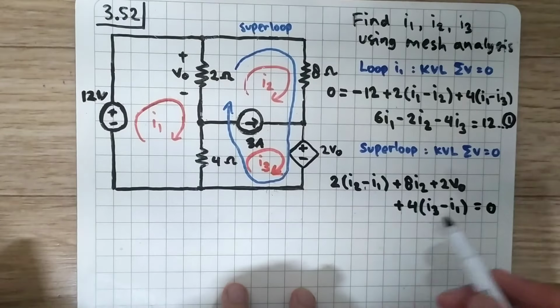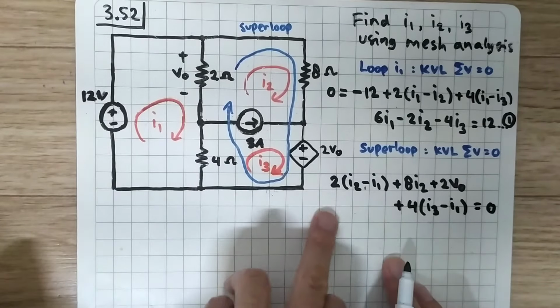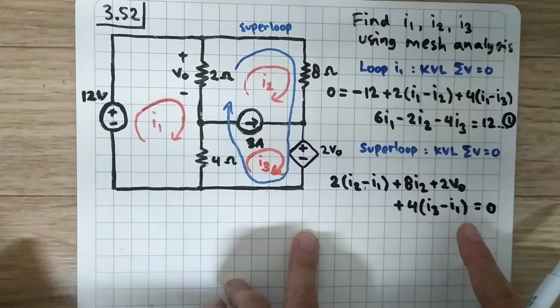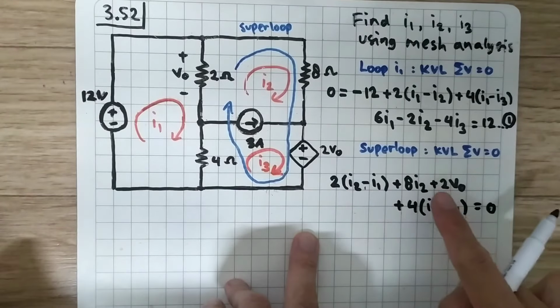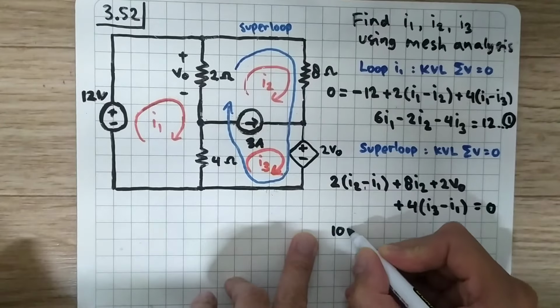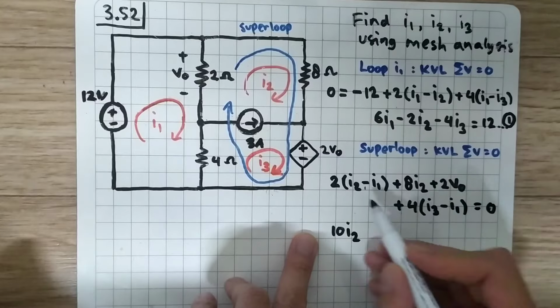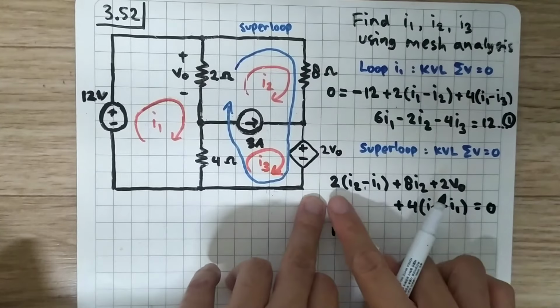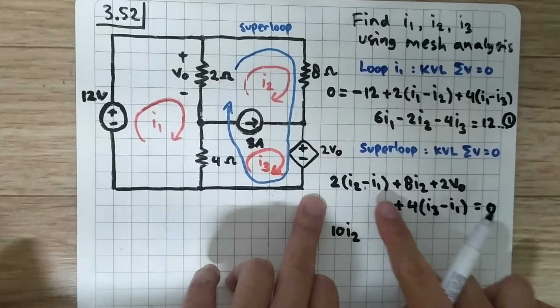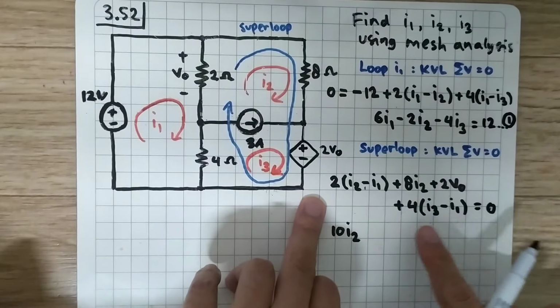Now we do some algebraic manipulation. 2I2 plus 8I2 will be 10I2. For I1, I have minus 2 and minus 4.